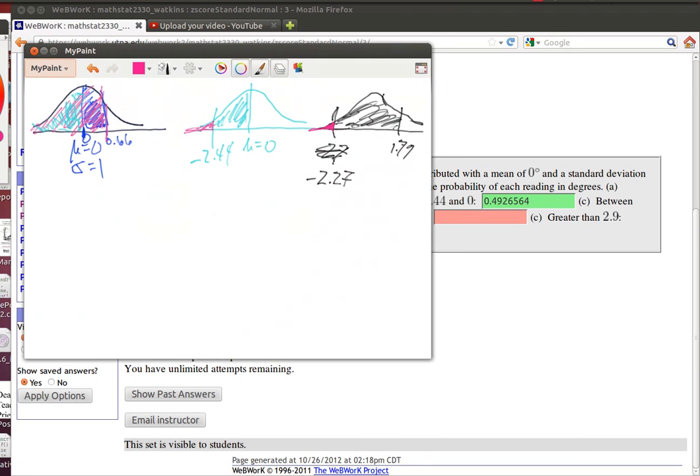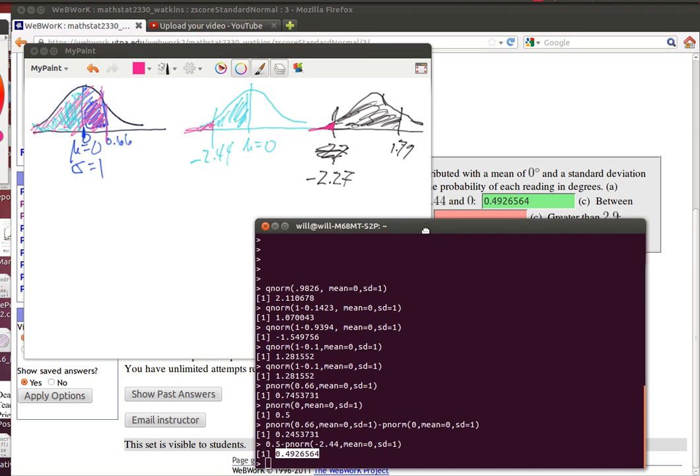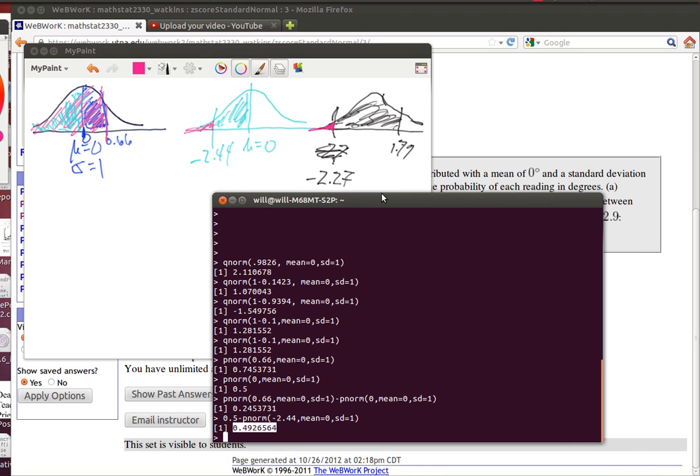So we're going to do the following. We'll look at the probability in a normal distribution to the left of 1.79, with the mean 0 and the standard deviation 1. Okay, that's too much, minus the pnorm of negative 2.27 with a mean of 0 and a standard deviation equal to 1.